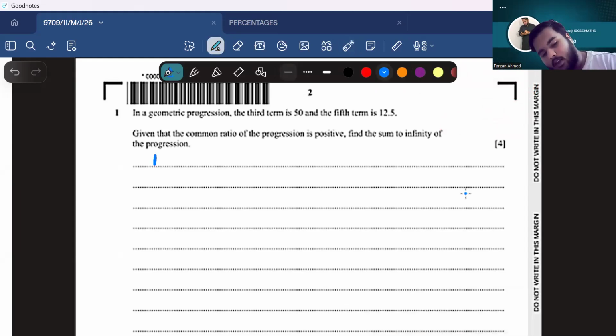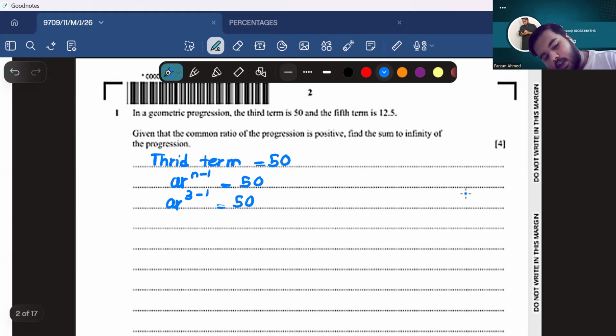The third term is equal to 50. So using AR^(n-1), the third term gives AR square equals 50. Now, what is the fifth term?